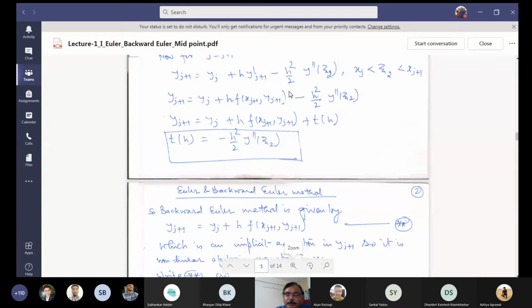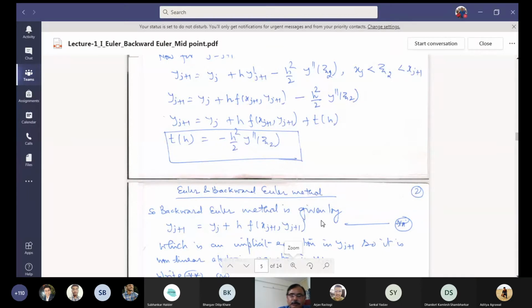So it is a function of yj plus 1. Let us write capital F of yj plus 1 equals yj plus 1 minus yj minus h f of xj plus 1, yj plus 1, which you just write down from that equation double star.